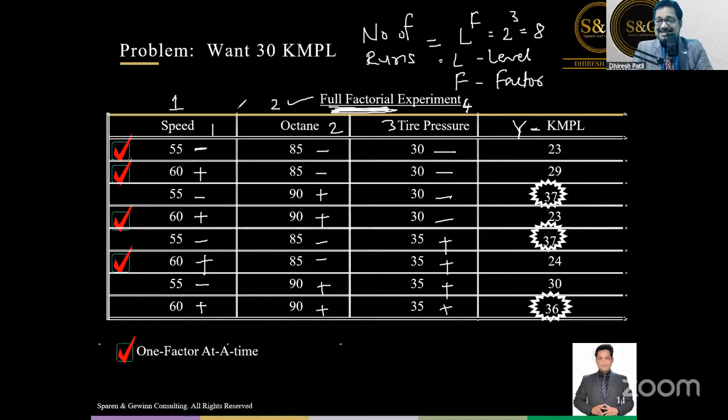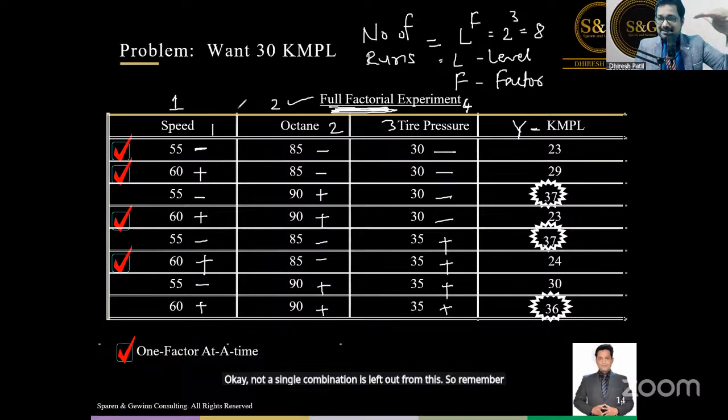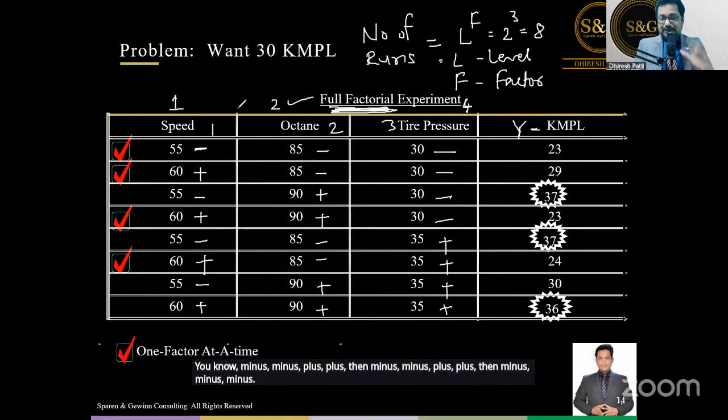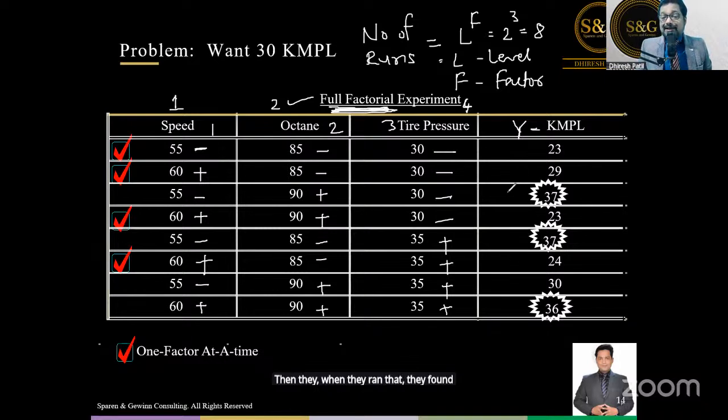Super. That means this is called a full design we have covered. Not a single combination is left out from this. So remember this: minus minus plus plus, then minus minus plus plus, then minus minus minus minus plus plus plus plus. When they ran that, they found that they are going up to 37 kmpl, 36 kmpl.